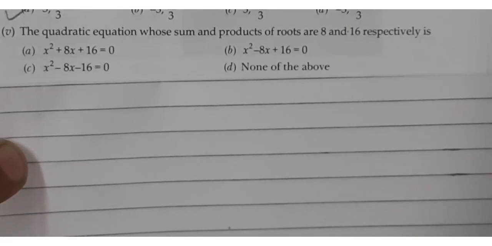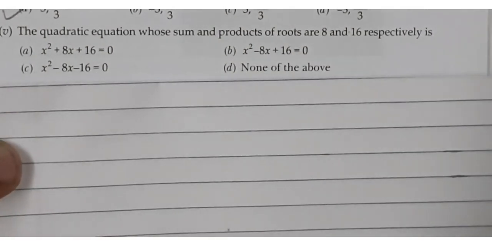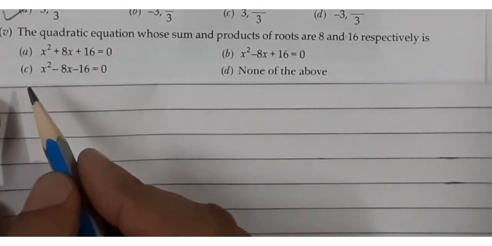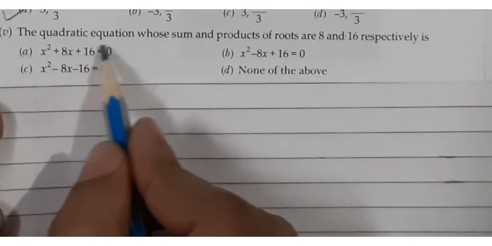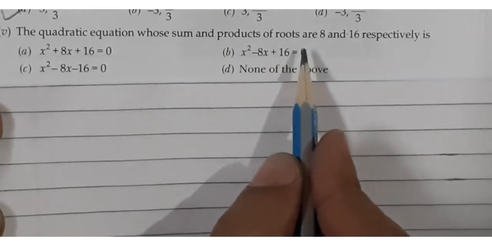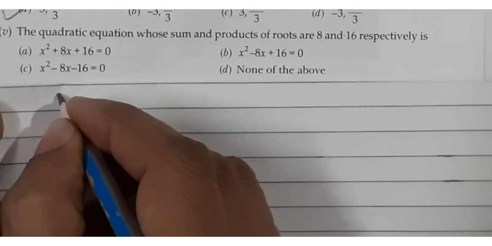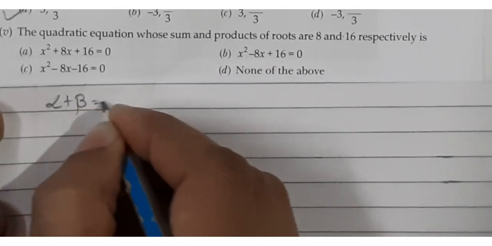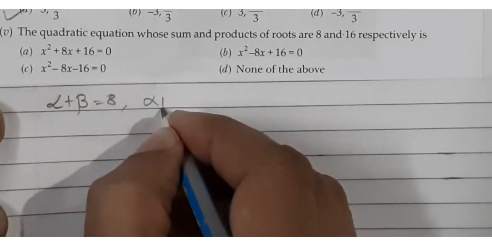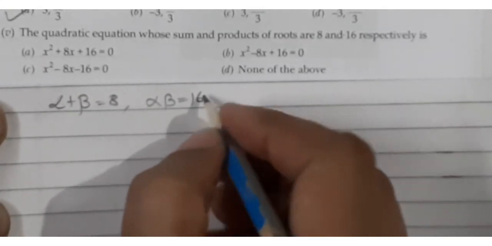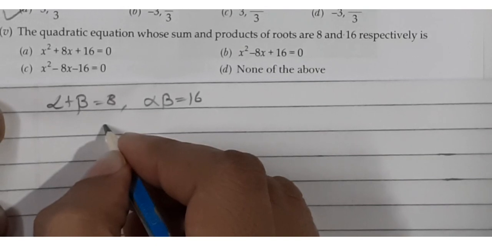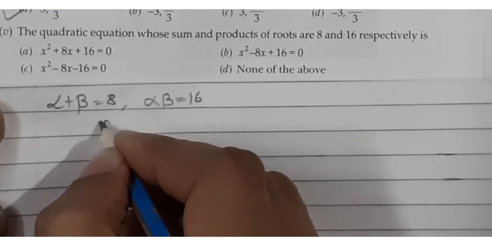Yes, fifth part. This is the fifth part. You have to do only 4 parts in the exam. The quadratic equation whose sum and product of the roots are 8 and 16. What is the meaning? Alpha plus beta is equal to 8 and alpha beta is equal to 16. And what will be the equation?